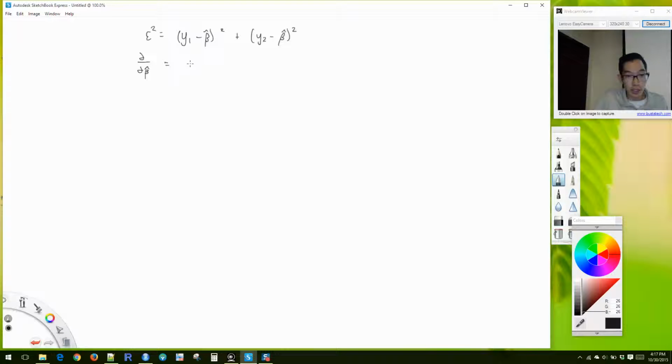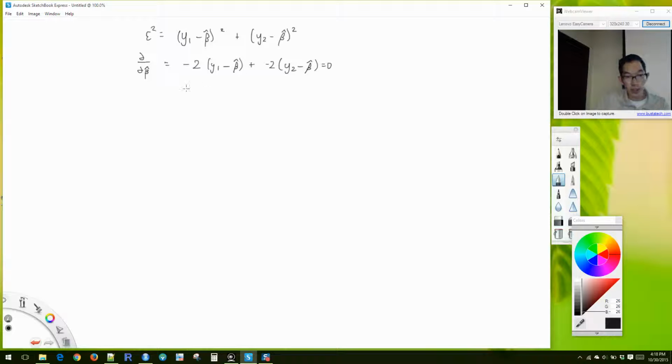All right, and so we get negative 2 times y1 minus beta hat plus, over here, negative 2 times y2 minus beta hat equal to 0.